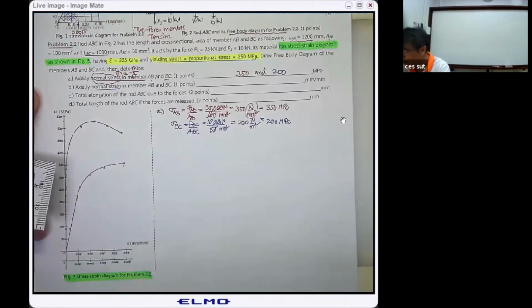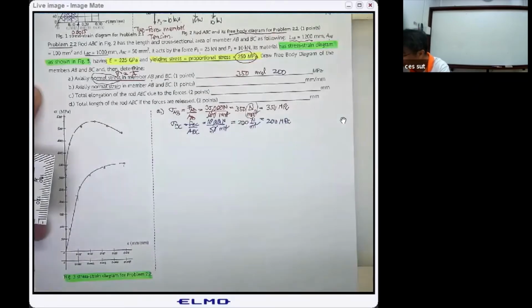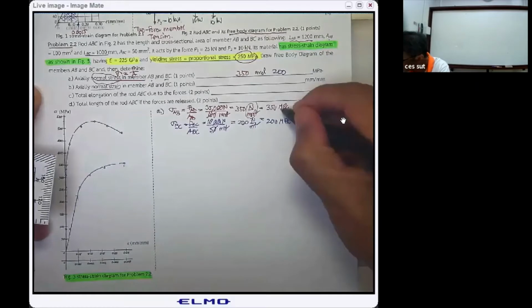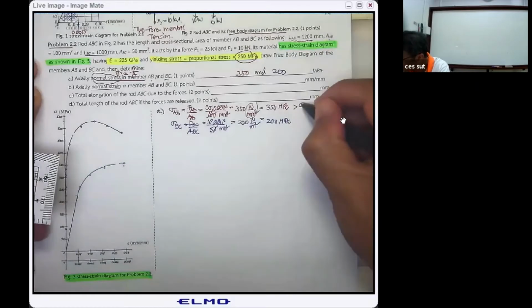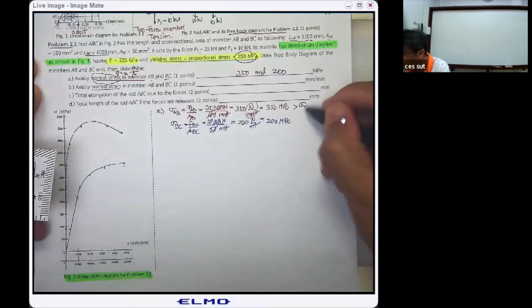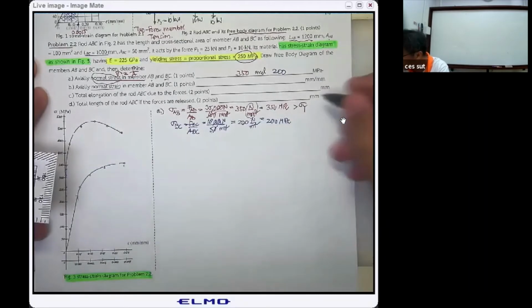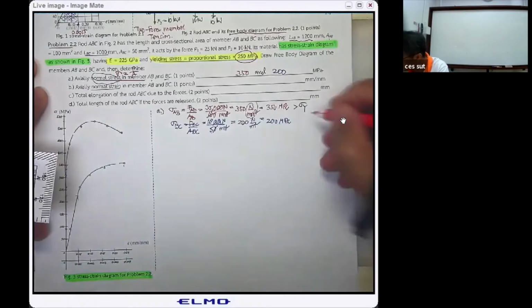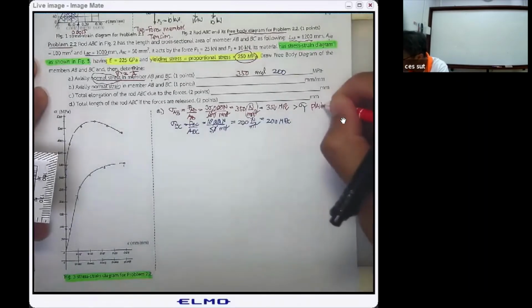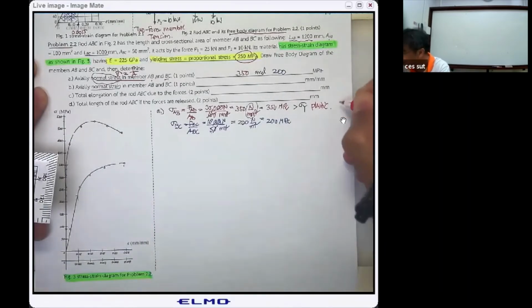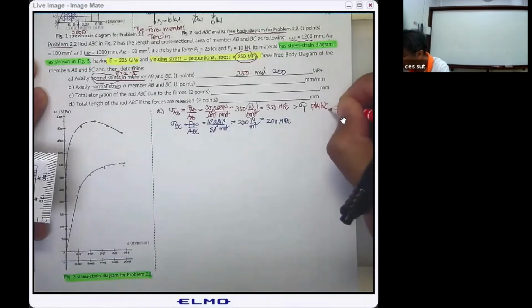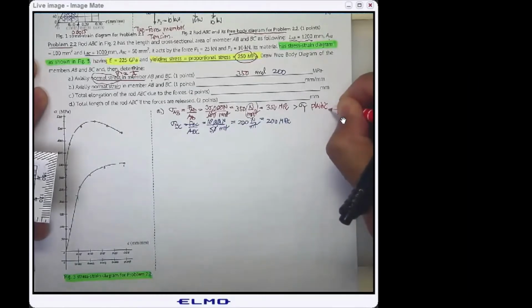And by doing this, we have what? We have the point that we are supposed to check. Since the sigma sub AB is larger than the assumed yielding stress, sigma AB is going into the plastic behavior. Okay, so the strain of sigma sub AB will be determined from the stress-strain diagram.